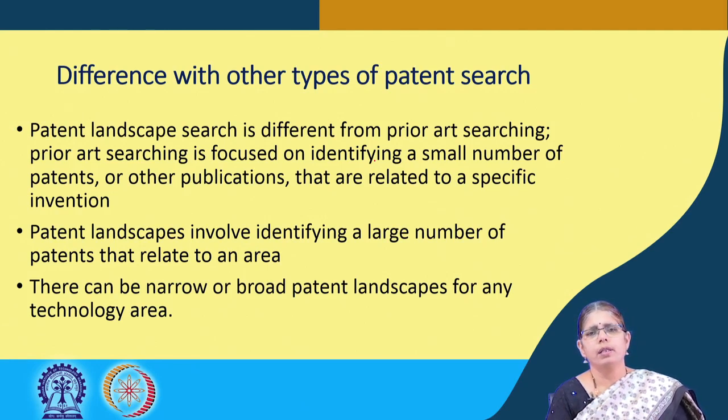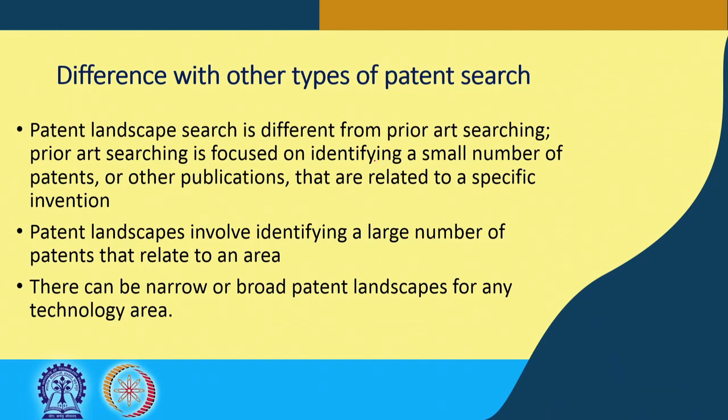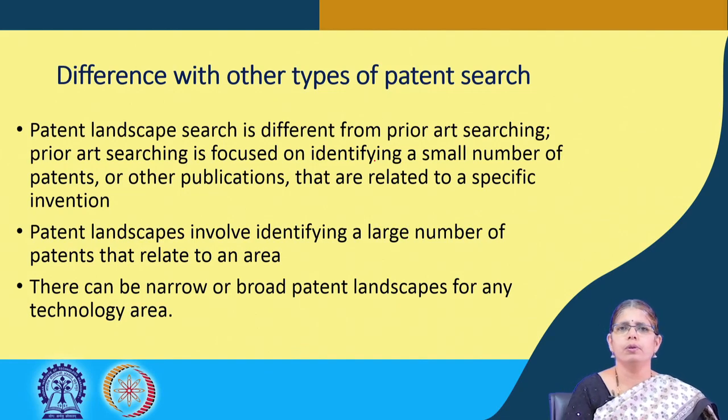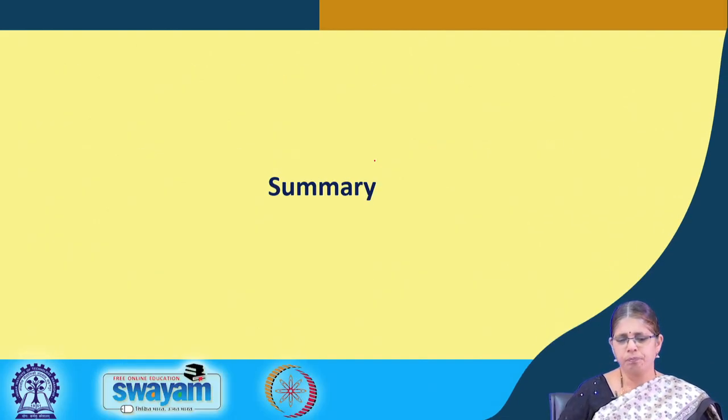And patent landscapes can be narrow or broad in nature depending on the technology area. Whereas if you look at the FTO search or the patentability search, it is pretty much a very focused search from the point of view of a narrow area in which you are looking at information.